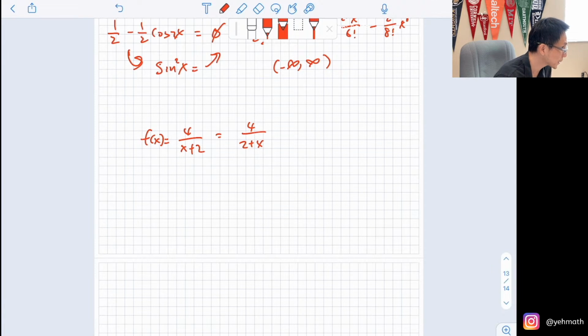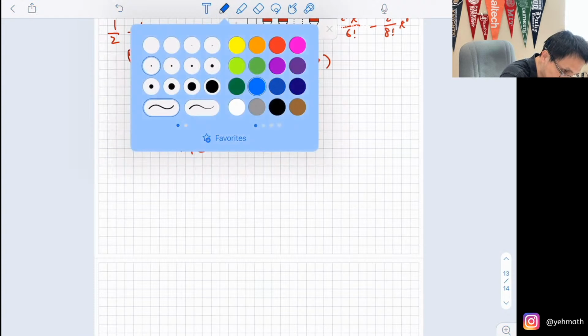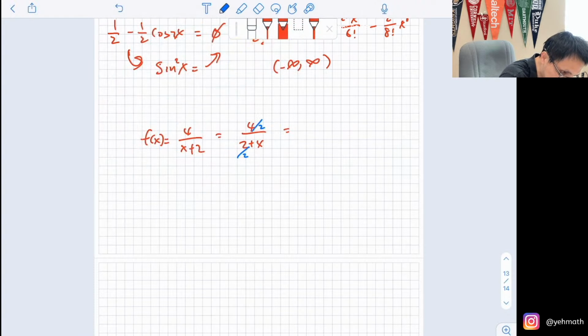Now geometric, this is which number? That's the 1. So how do I become 1? Divided by 2, top and bottom. So can I divide this by 2? So that's equal to 2 over 1 plus x over 2, right?